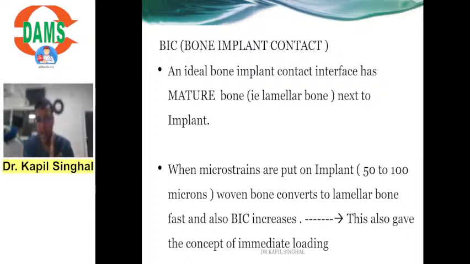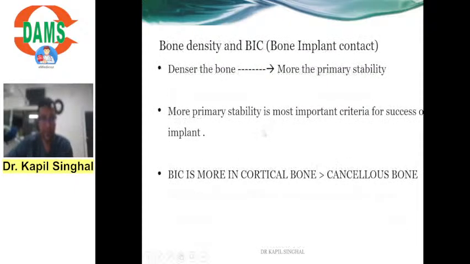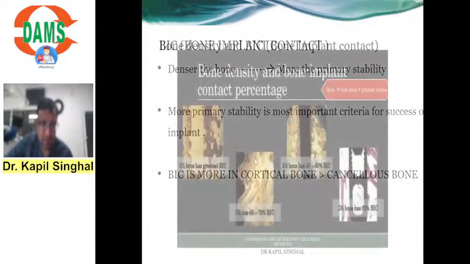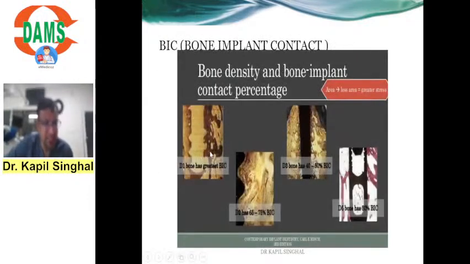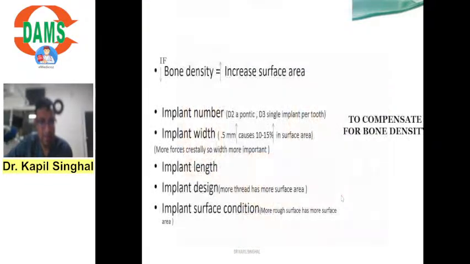So how much movement is allowed for the implant in the bone? 50 to 100 microns. Okay, so the more the BIC, the more the primary stability, and the denser the bone, the more the BIC. So it means D1 bone will have maximum BIC and D4 bone will have minimum BIC.